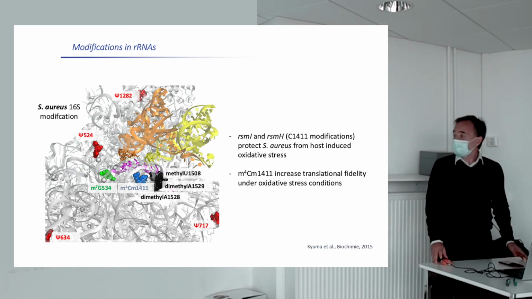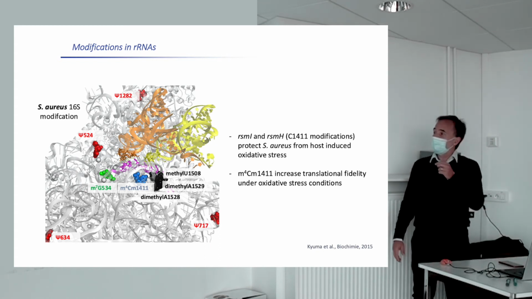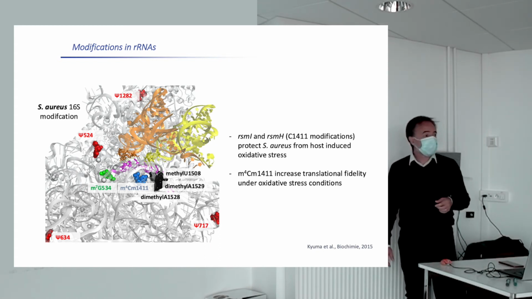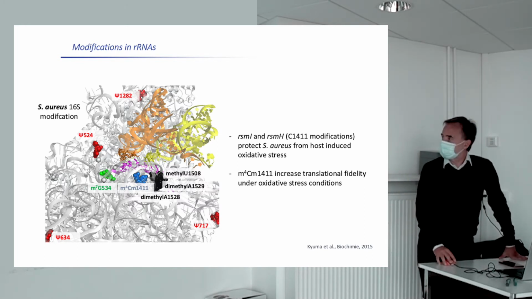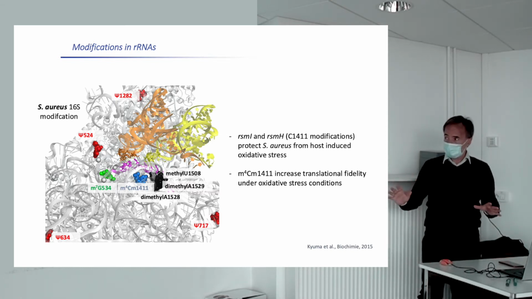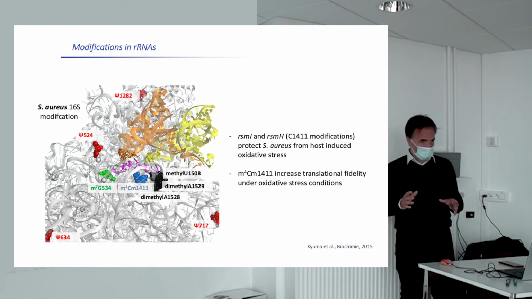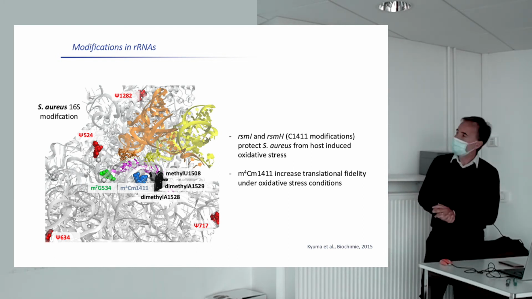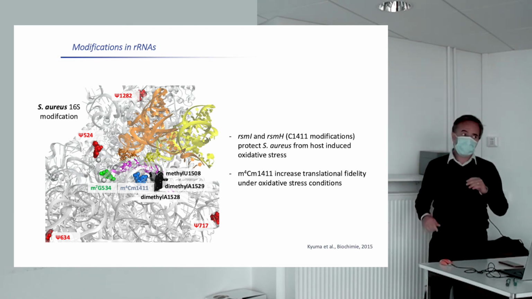Okay, and in this paper from 2015, they tried to understand a bit more why these modifications were so important in the oxidative stress. They figured out that this modification, which is constitutive, present on all the Staphylococcus aureus ribosomes but also other bacterial ribosomes, actually increases the fidelity of translation.